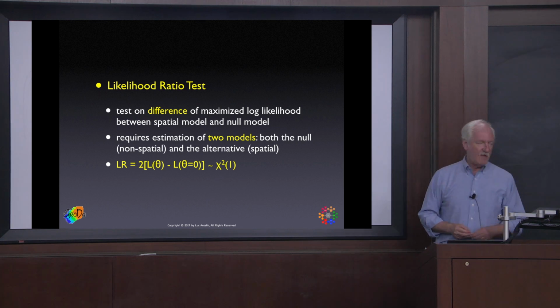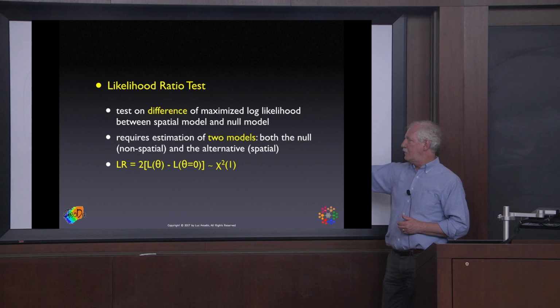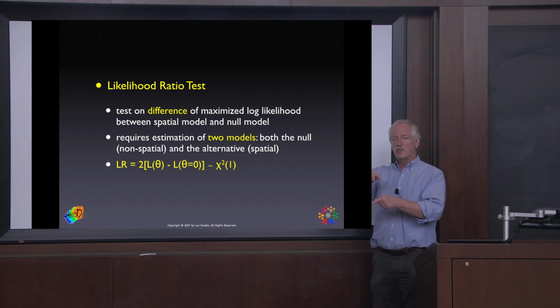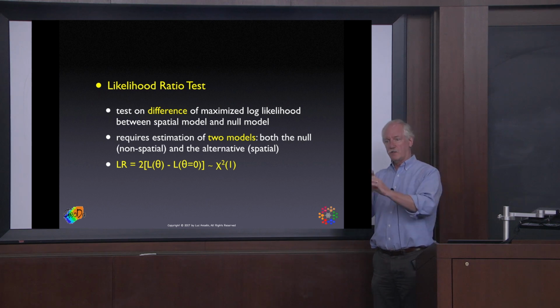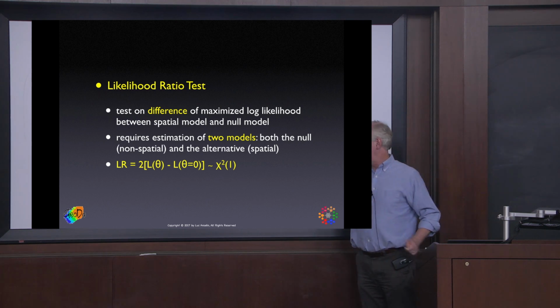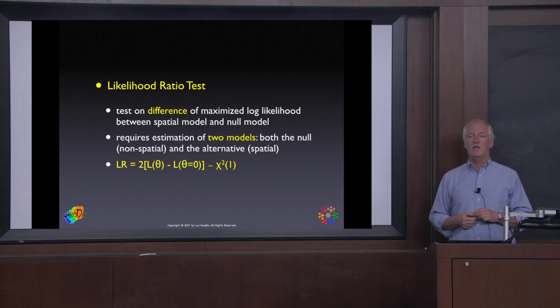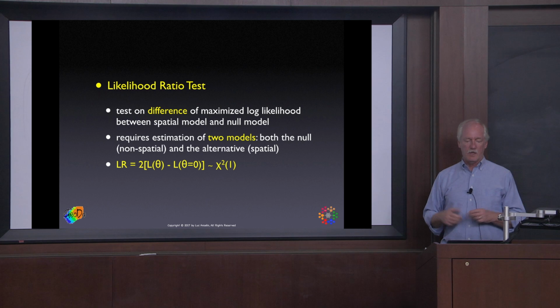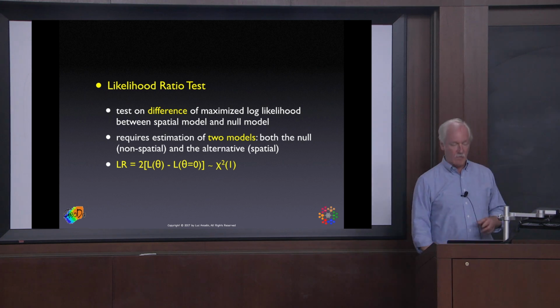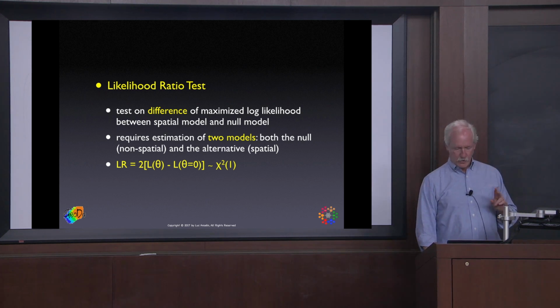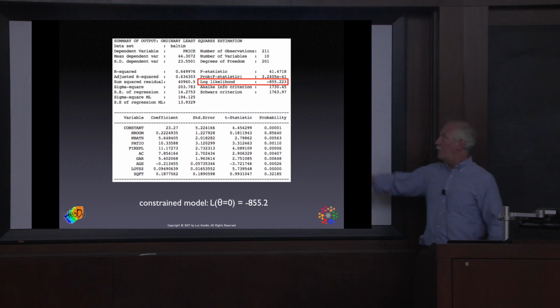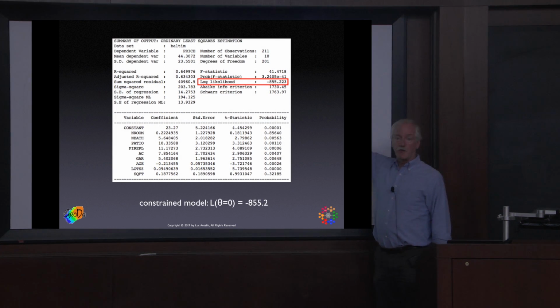So then if we have this, then we have the classic likelihood ratio, but if you take the logs, the log likelihoods, then the ratio is a difference. So typically this is expressed as such: twice the difference between the unconstrained and the constrained log likelihoods is chi-square with 1 degree of freedom. But you need two models. So you need to estimate the null model, the constrained model, that's the likelihood.